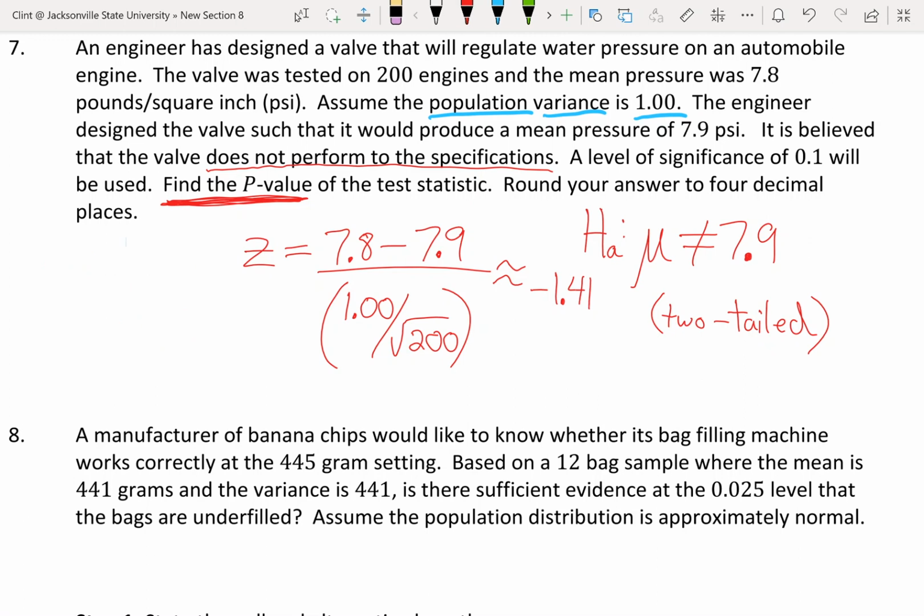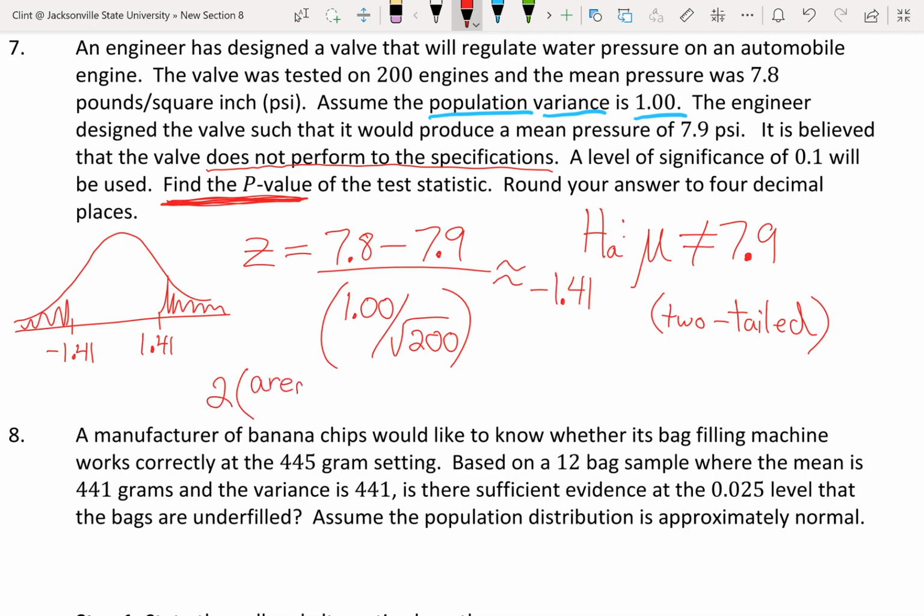Remember, it was two-tailed, so we're not just concerned about one tail. We are concerned about the negative 1.41, but we're also concerned about positive 1.41. And we want the area in both of those tails. So to get our p-value, we're going to do 2 times one of the tails.